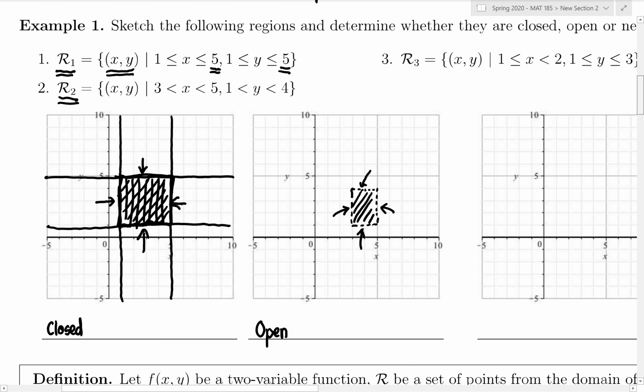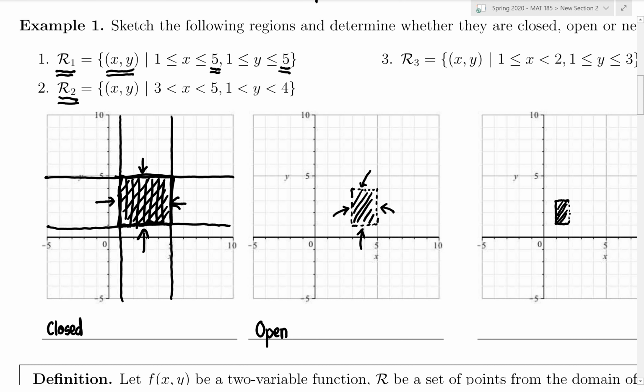Now finally we're going to look at R3, which says x is between 1 and 2, not included, and y is between 1 and 3. So this is the region we end up getting here. Now we would like to determine whether this region is open or closed.